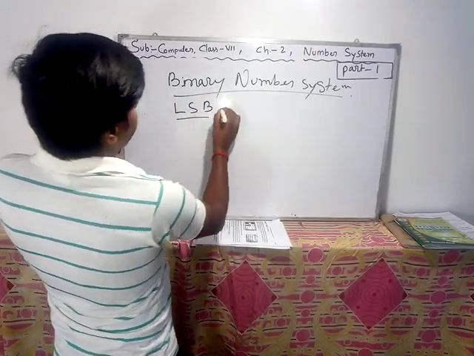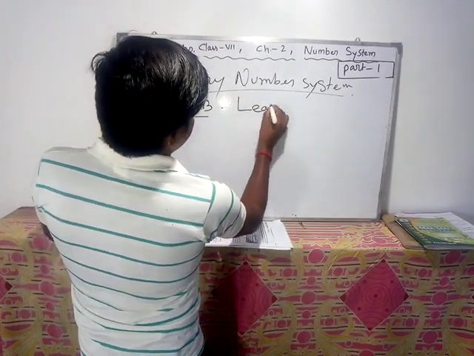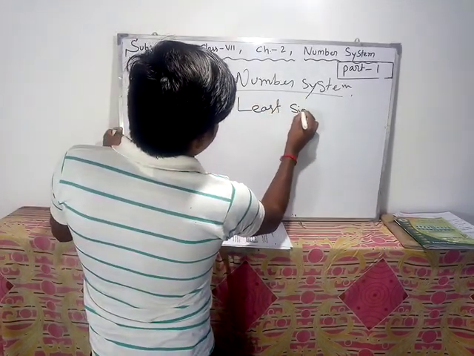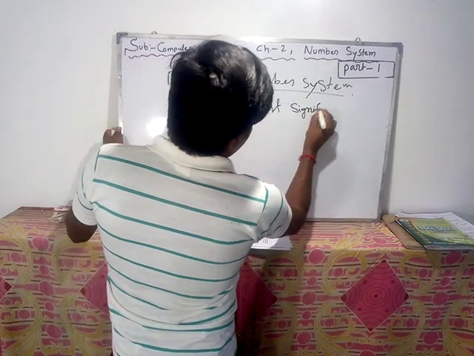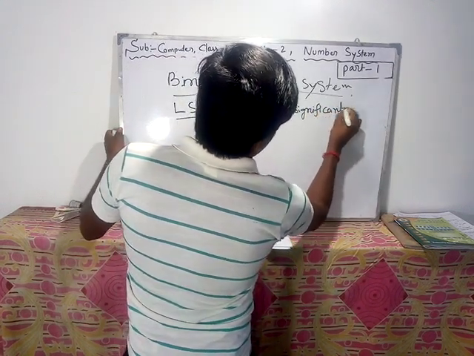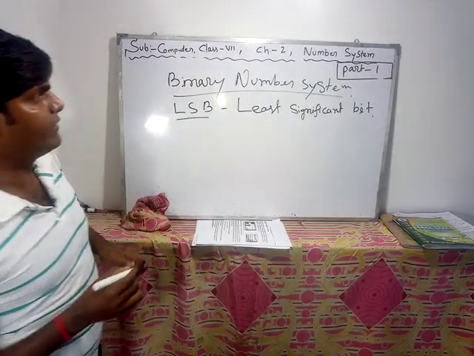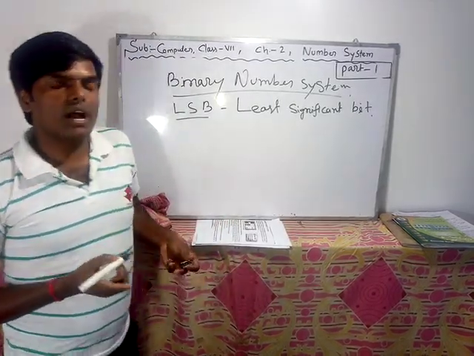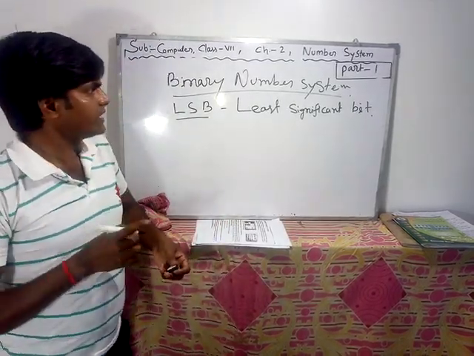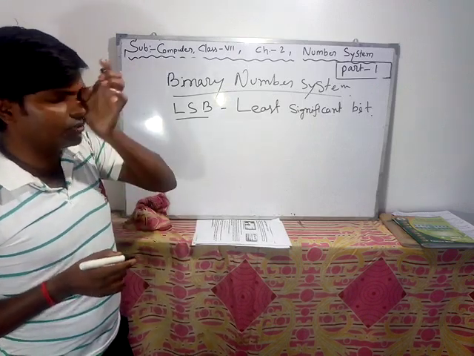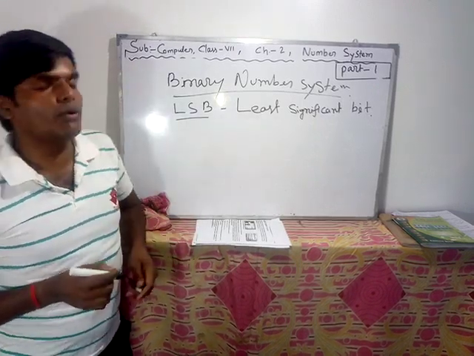LSB means least significant bit. Same definition, you follow the same definition. It is called a bit because it has only 0 and 1.